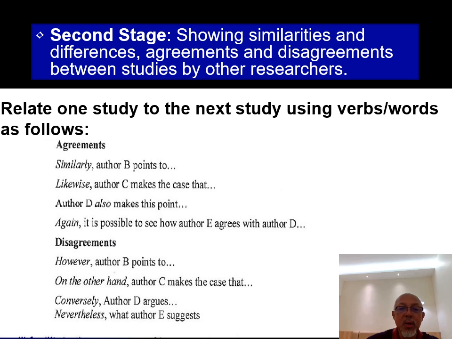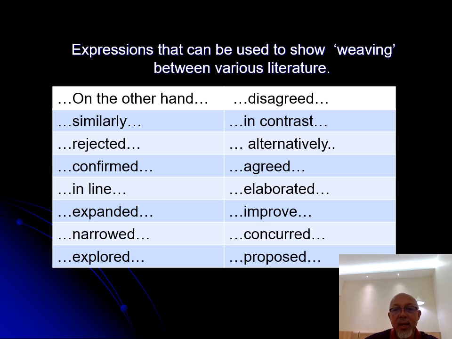So what is similar? The words that we use will be similarly, likewise, also, again. In this segment, we say however, on the other hand, conversely, nevertheless, and so on. So we see there are other expressions that can be used. On the other hand, similarly, rejected, confirmed, inline, expanded, narrowed, explored.